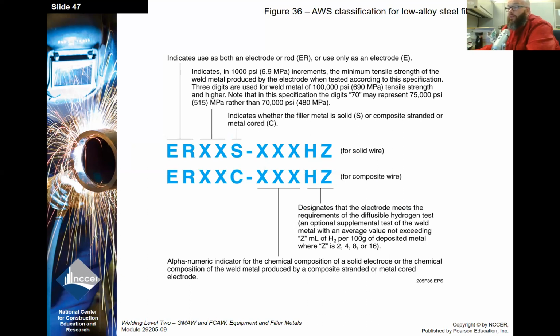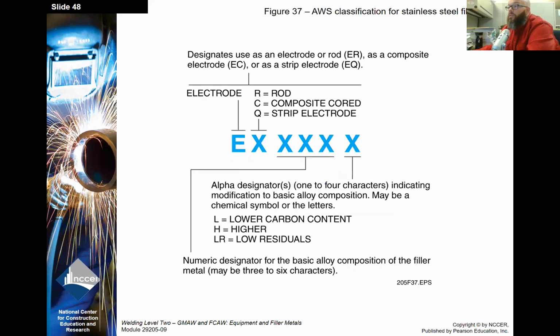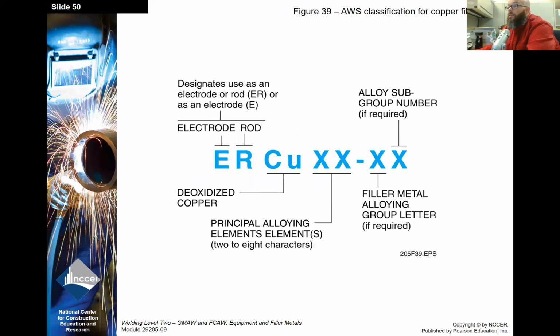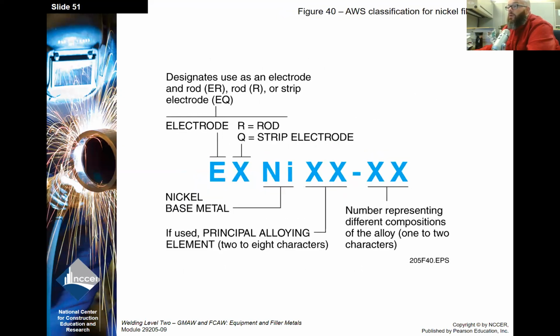Then you have an alphanumerical indicator for the chemical composition of the solid or the chemical composition of the weld produced by the composite metal, and then designations for what codes are met. Okay, we're not going to worry too much about stainless currently, or aluminum, or copper, nickel.